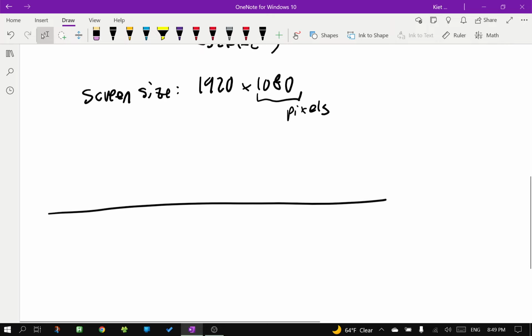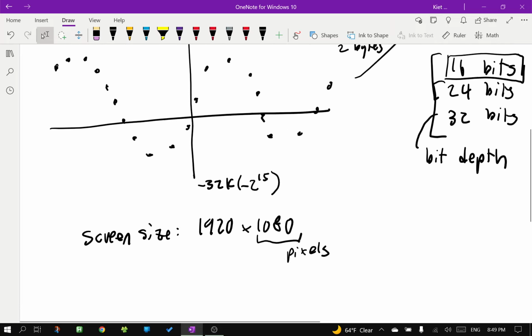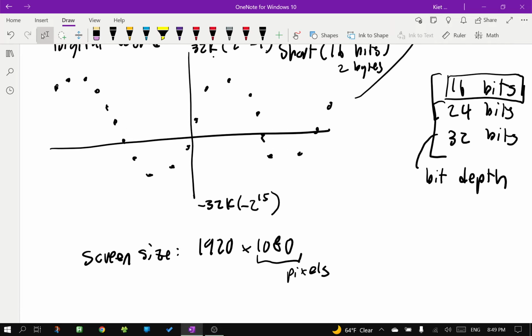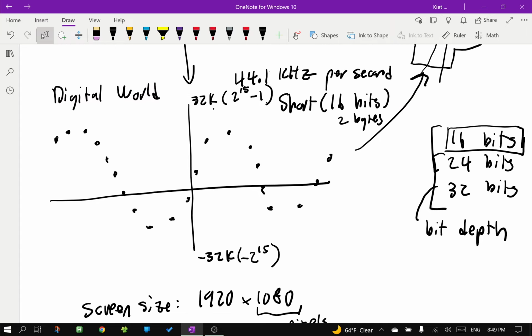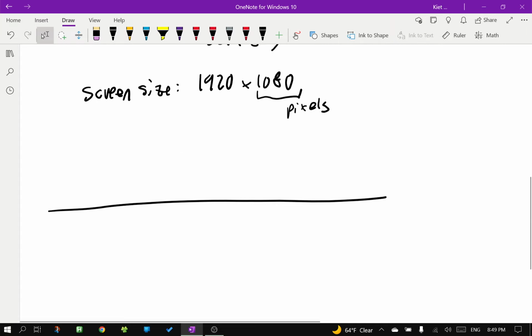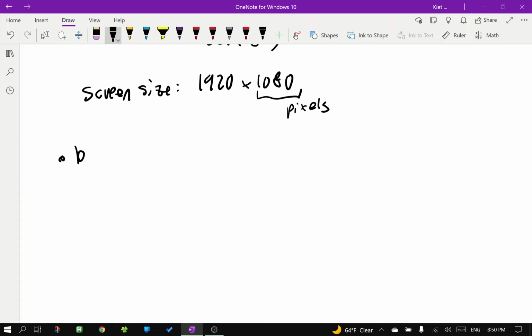Okay, so instead what we do is we downsample this digital waveform. We bucketize the original audio sample.